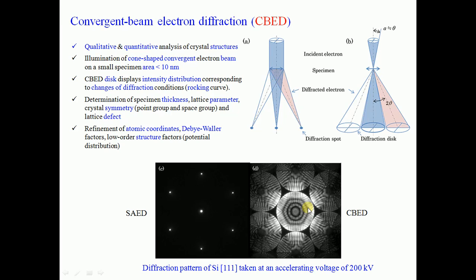And this diffraction disc includes very great information like atomic coordinates, Debye factor, etc. Specimen thickness can be calculated, lattice parameters can be calculated, many things can be calculated, rocking curves. So the CBED pattern is a part of STEM. Actually, I misplaced this slide. This should have been in STEM.